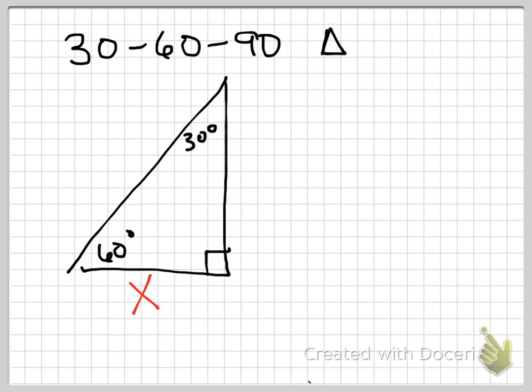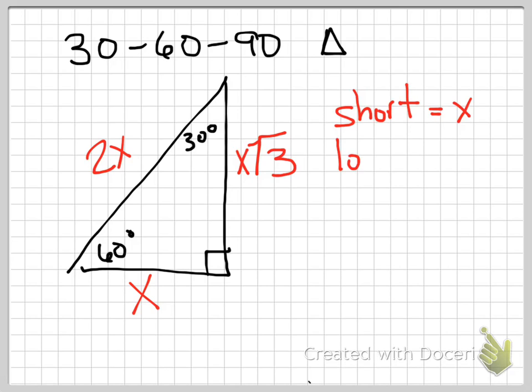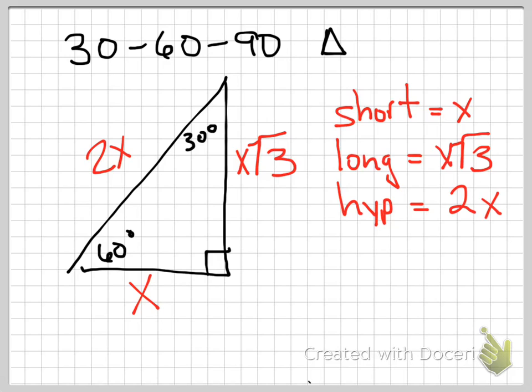The hypotenuse is equal to 2x. And the long leg is equal to x times the square root of 3. Okay, so short equals x. Long equals x times the square root of 3. And hypotenuse equals 2 times x.